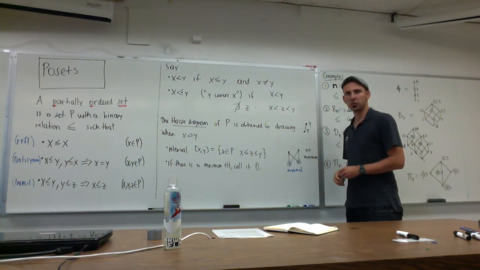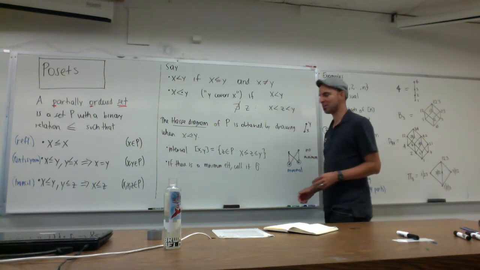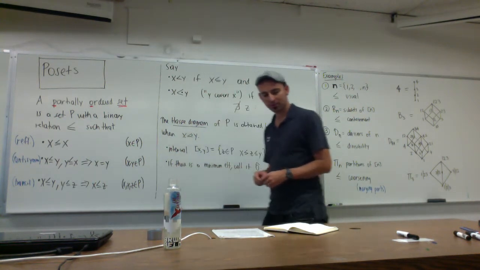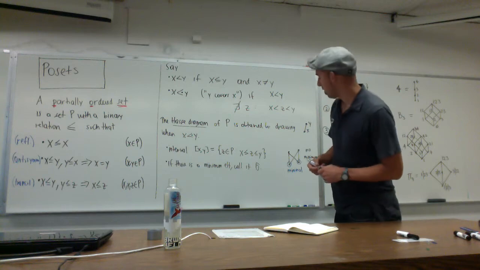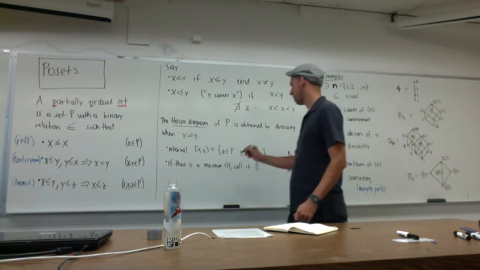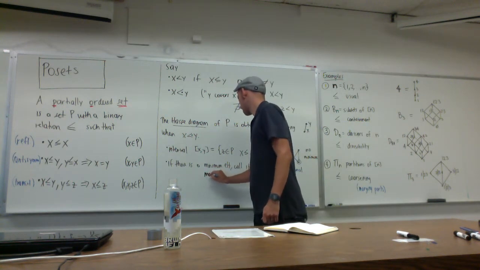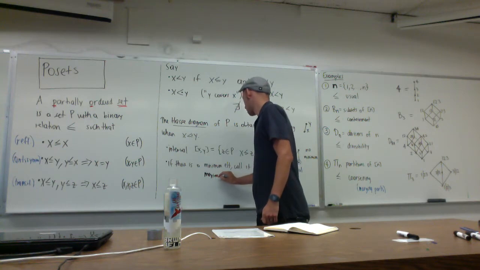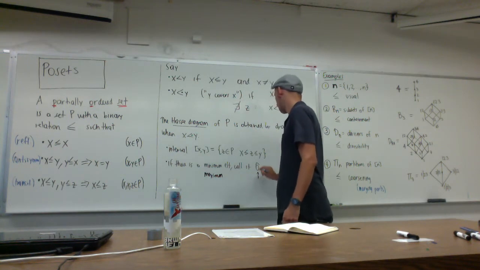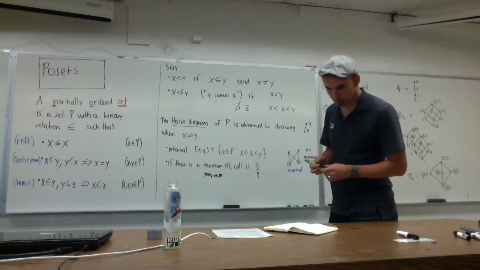So that distinction becomes more important in partially ordered sets than it was before. Okay. And of course, if there is a maximum, then we call it 1 hat. Okay.